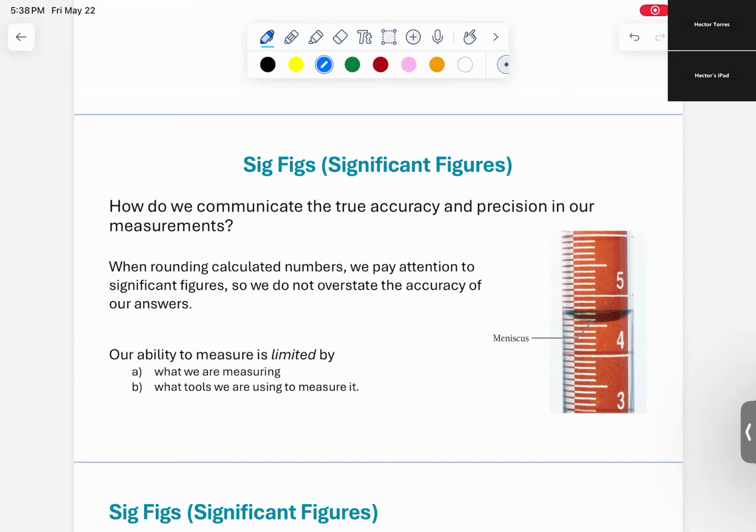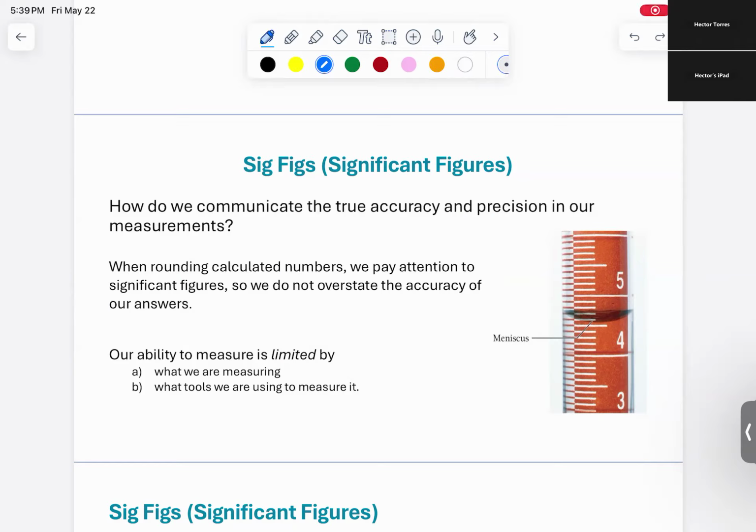So on this one, the point of sig figs is so that we can tell how accurate and precise our measurements are. If I say something is 1 meter long, and I don't tell you any decimals or much more information, all you know is it's about 1 meter.